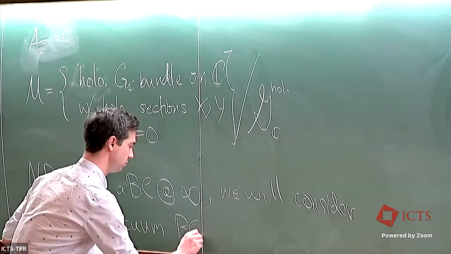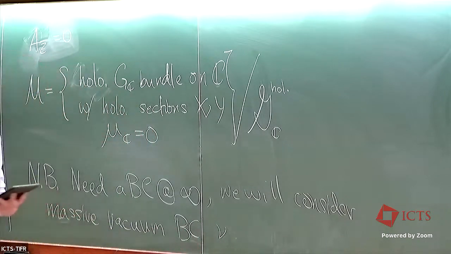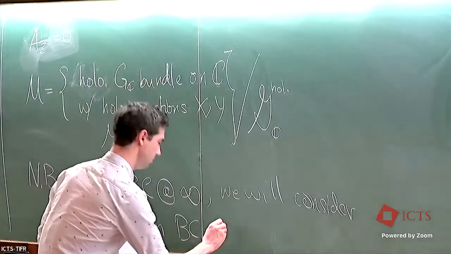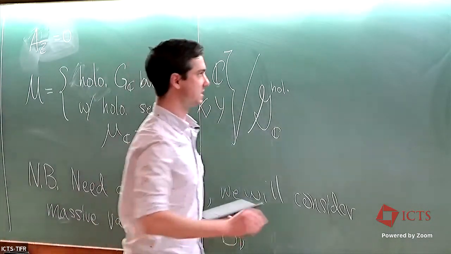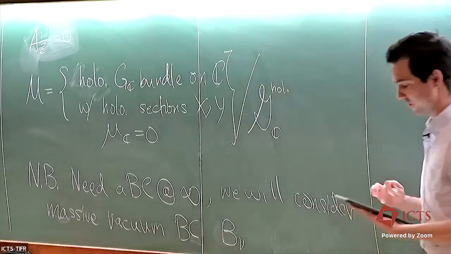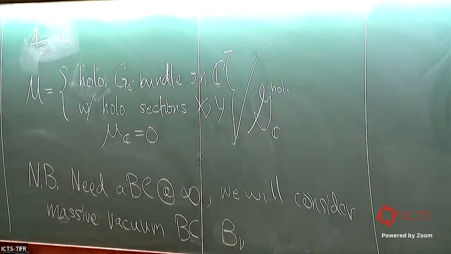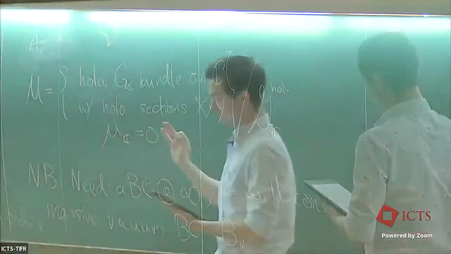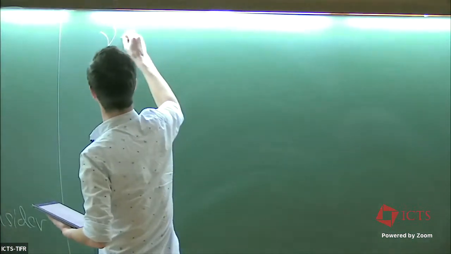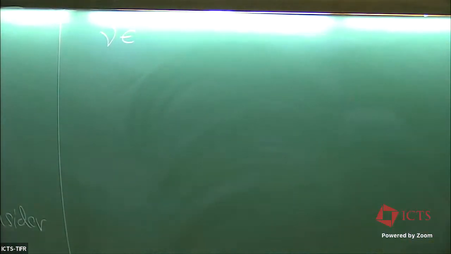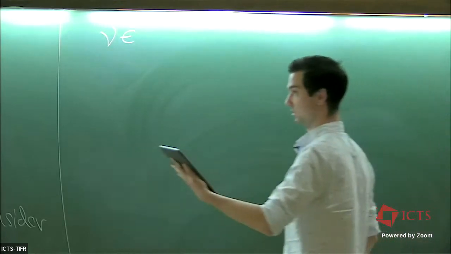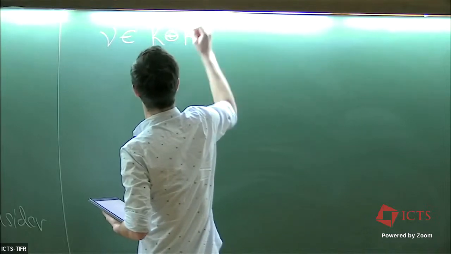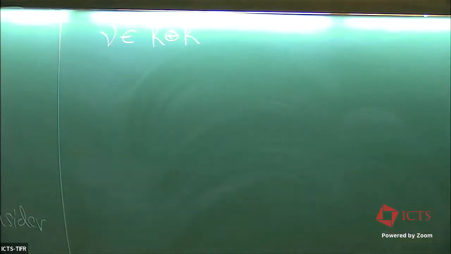And these are going to be labeled by a parameter I'm going to call nu, which will be the massive vacuum. So I need to tell you what a massive vacuum is, and then from that, I'll tell you what a boundary condition associated to a massive vacuum is. So nu is going to be some element in this cotangent bundle to R. So it's some constant X and Y that I choose.